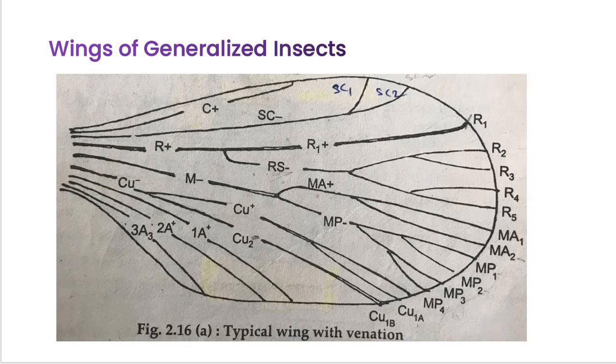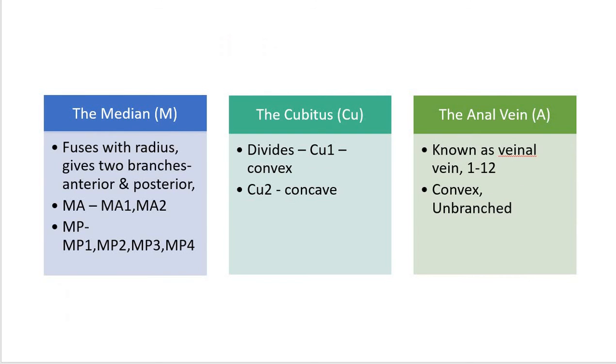Now the next vein is the cubitus vein, designated as CU. The cubitus, which is the fifth vein, starts from the distal medial plate at the wing base, and it divides into first cubitus and second cubitus, which are convex and concave veins respectively. The last vein of the wing is the anal vein.